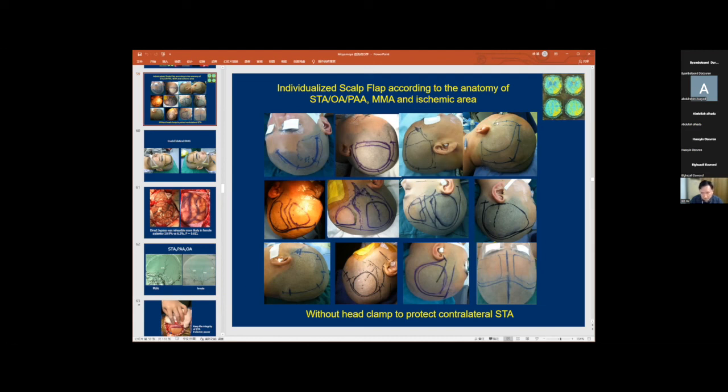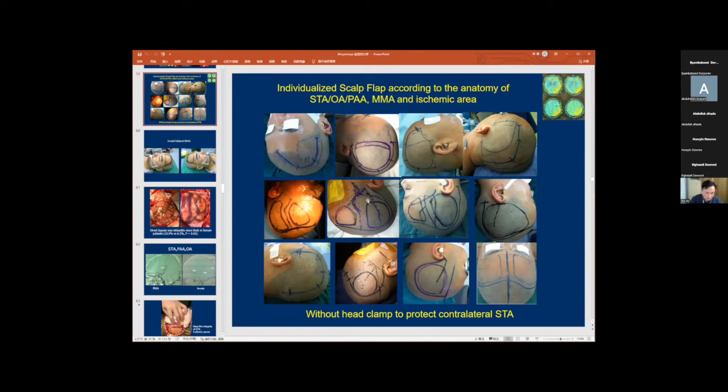This patient already formed the spontaneous stoma of the MMA, and you can see I use the parietal branch of the STA and the occipital artery to do the double bypass combined with EDMS. And this is a typical middle meningeal artery. It's already very thick, so I do a bone flap according to the preoperative angiogram.